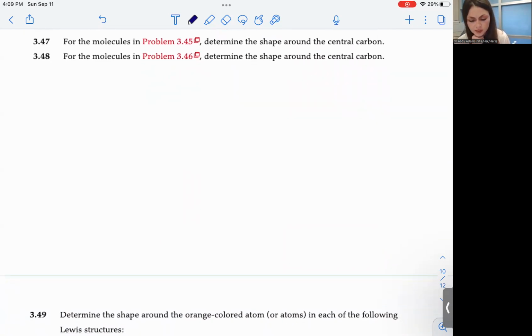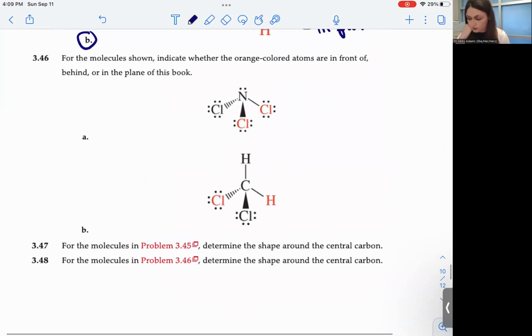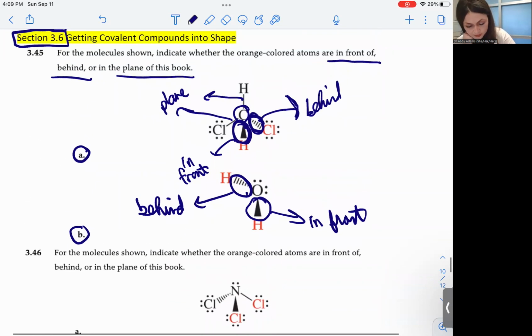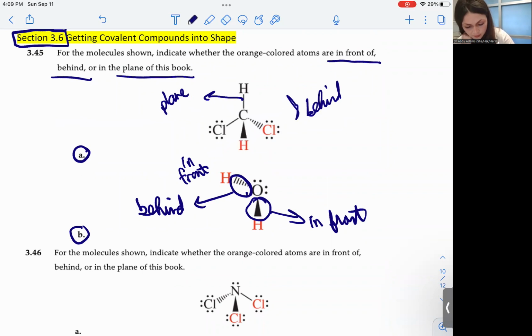All right, 3.47, determine the shape around the central carbon. So what we can say about that is for carbon, that's this one, we have how many areas of electron density? All right, if I erase a little bit around here, you can see that we have 1, 2, 3, 4.